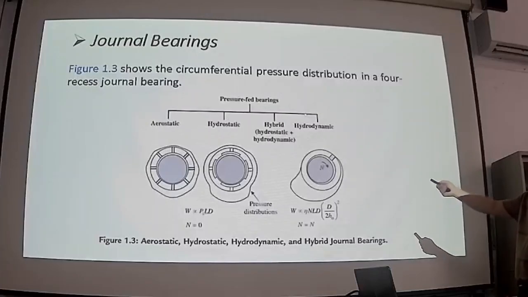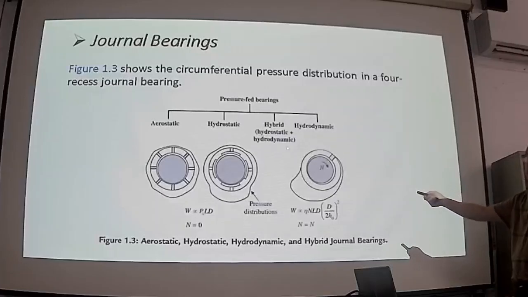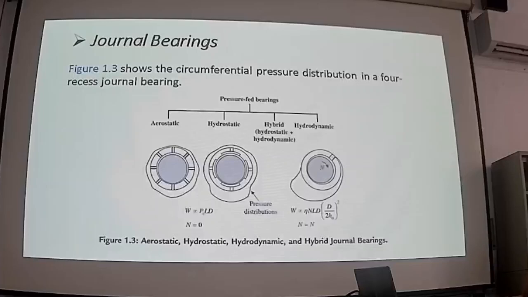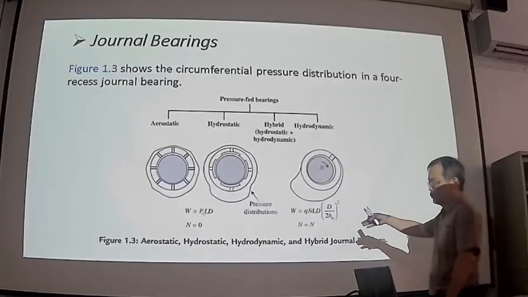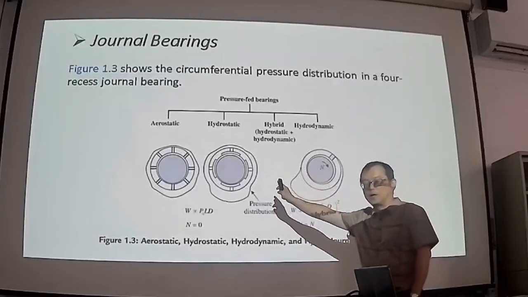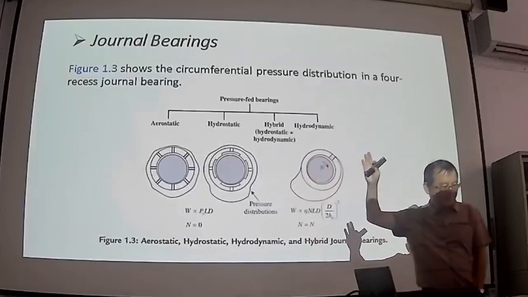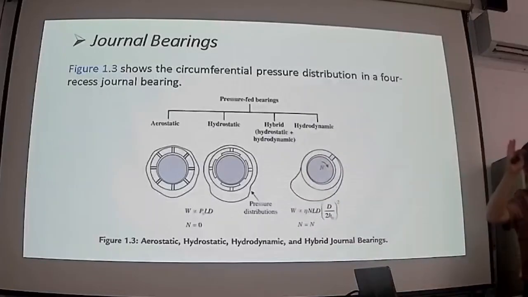And we have another one called the hydrodynamic bearing. If you are rotating at very high speed, you will have a hydrodynamic effect. In that case, you will have a hybrid bearing design, but usually you need to rotate at very high speed, I would say more than 10,000 RPM.